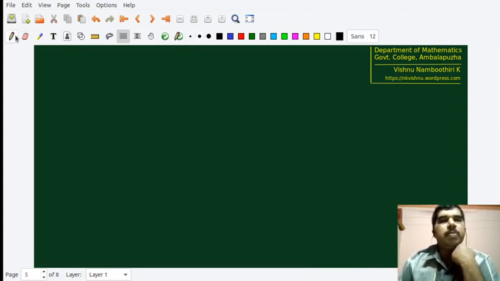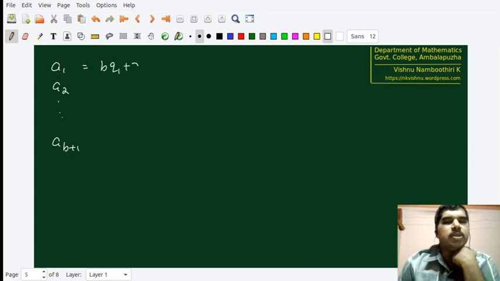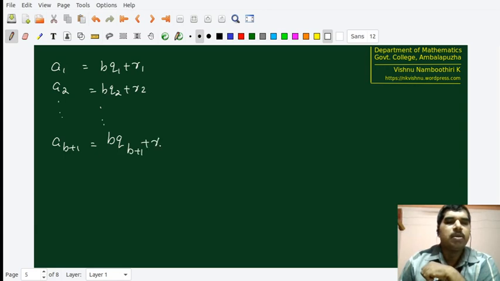If there are only b possibilities, then we have a1, a2, etc., a_{b+1}, and each of them we are writing as b q1 plus r1, b q2 plus r2, etc., b q_{b+1} plus r_{b+1}.